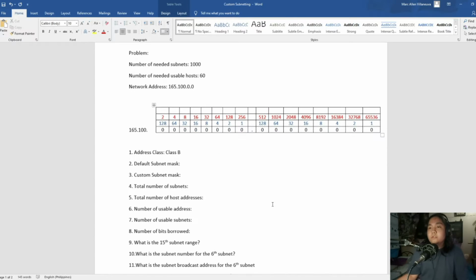Now the next step, you will need to write the host part, or the host address. This time we're going to start from right to left, and same as before, we need to start at 2.